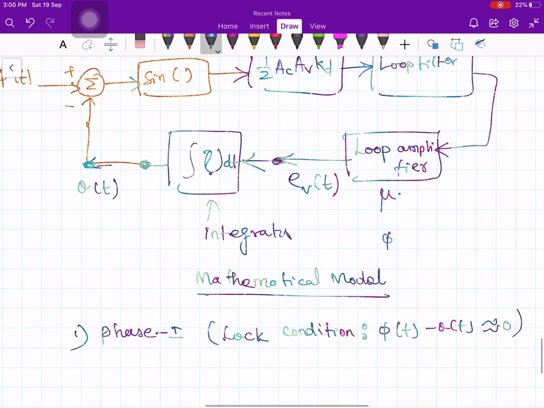Your theta of t follows phi of t. This assumption we are making to simplify our study. Let us assume that the loop is somehow locked, and then try to understand, when the loop is locked, what is the nature of your EV of t.